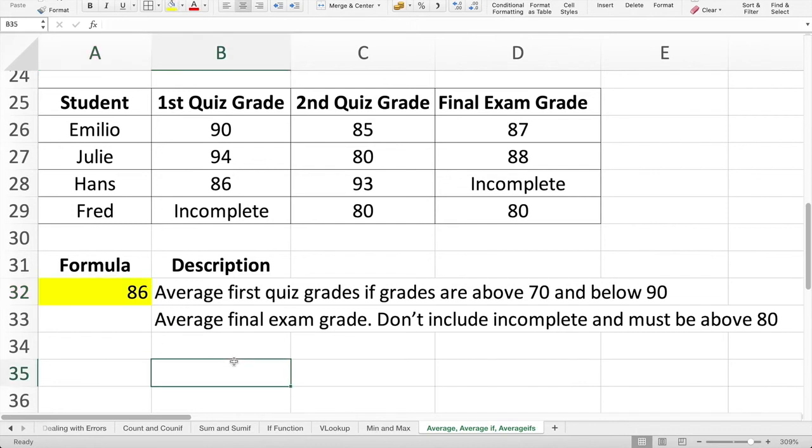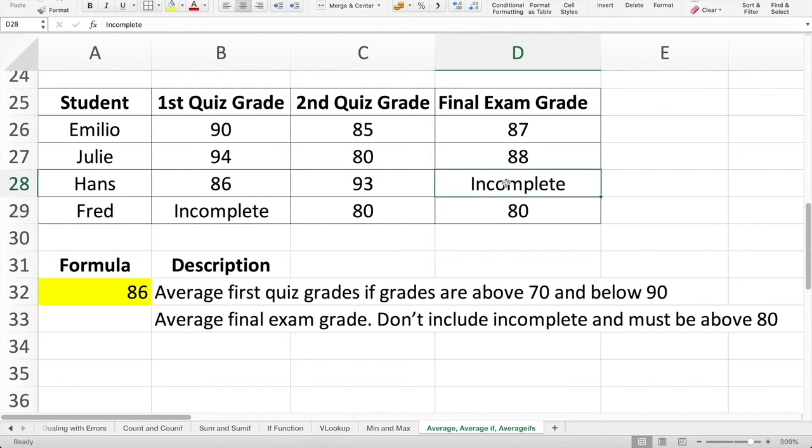Okay, so last example for AVERAGEIFS with an S. The description says, let's average the final exam grade, don't include incomplete and must be above 80. Since we are talking that the data must be above 80, 80 is also not included, since 80 is not above 80. 80 is 80, it is not above 80 itself.